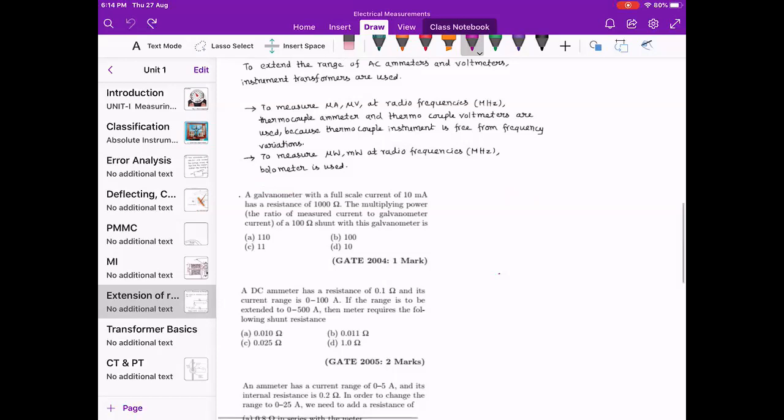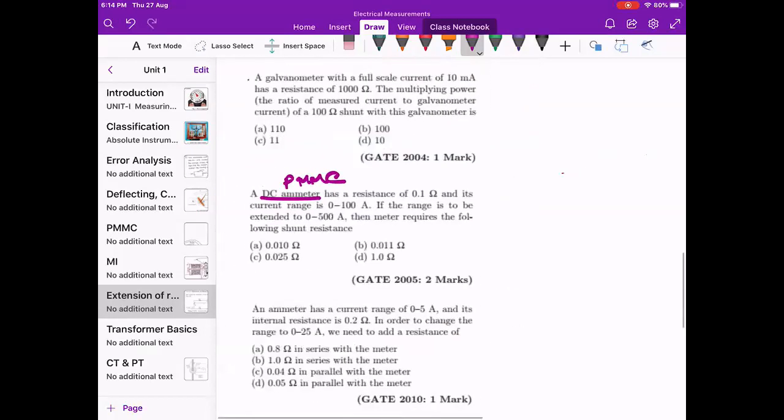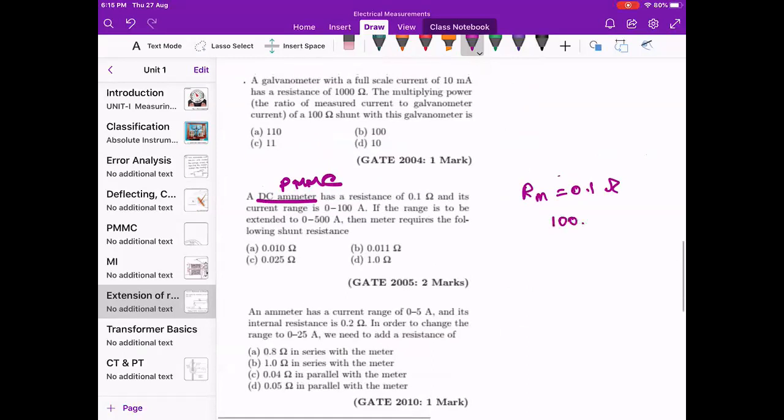Next, we will see first: a DC ammeter means PMMC, no doubt. It consists of a resistance Rm of 0.1 ohm, and it has a current range of 100 amperes, and now it has to be extended to 500. Now tell me, which is old and which is new? Old is this one, new is this one, the small one and the large one. You now know what M is.